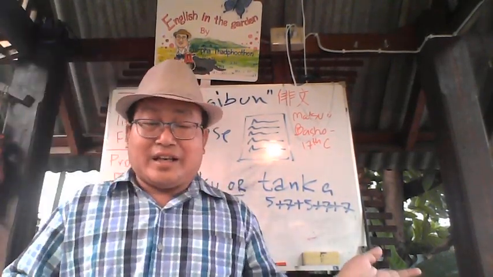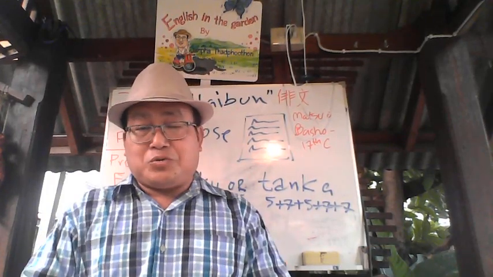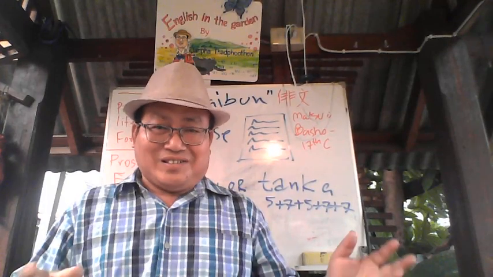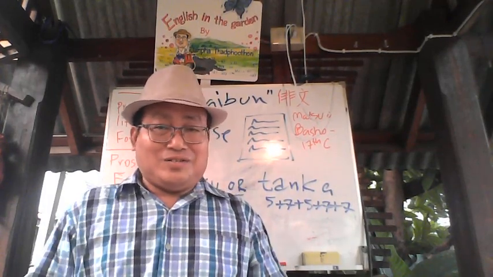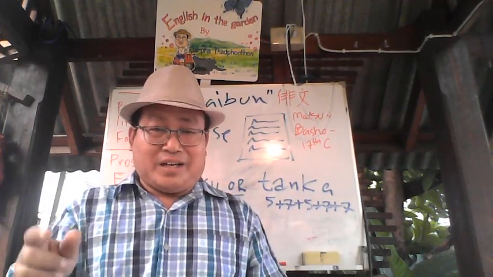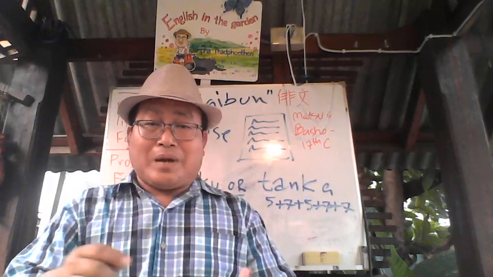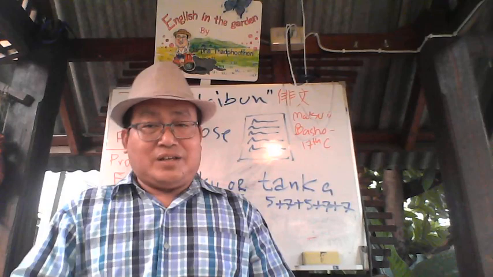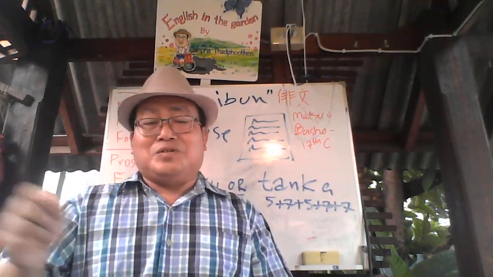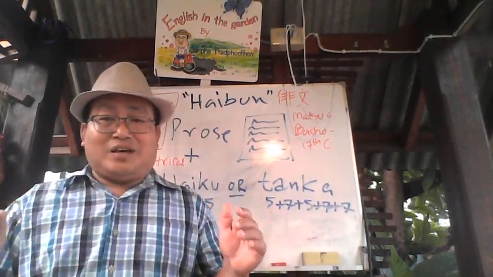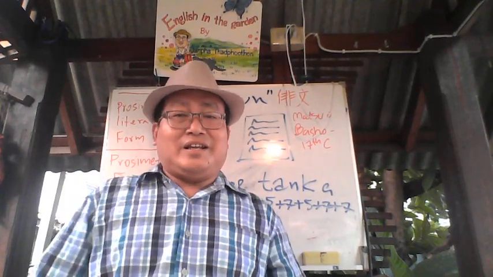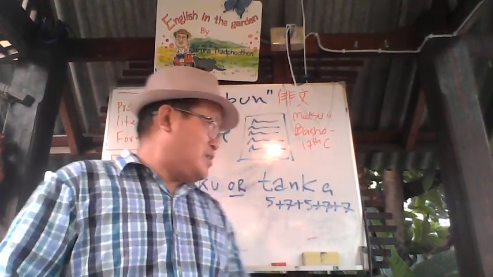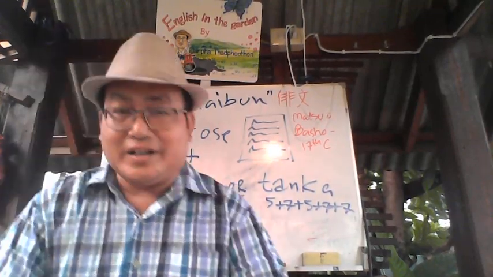And in that time, in the 17th century, there was no camera, there were no technologies as such. So all he had was a pen and some paper. So you write down your experience in prose. Prose means expository text, and then you end it with some kind of poem. It can be a haiku or a tanka.